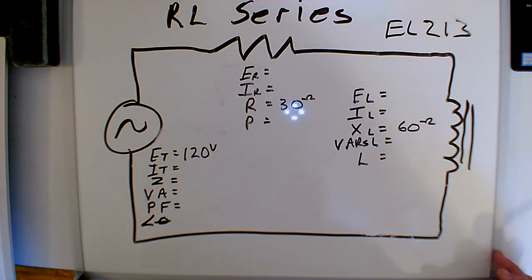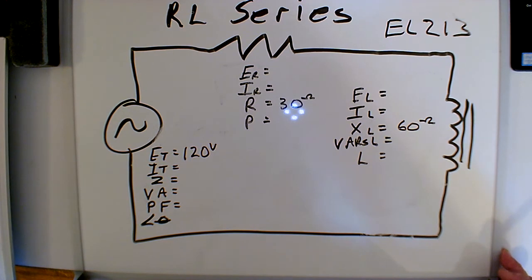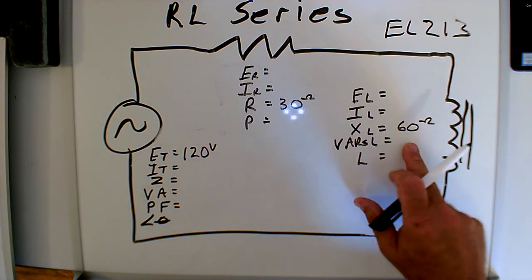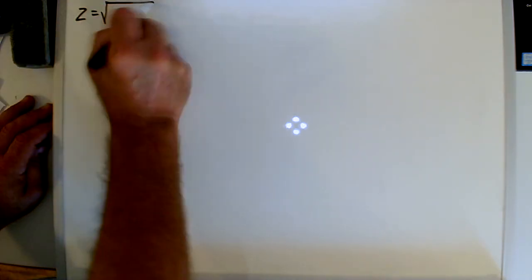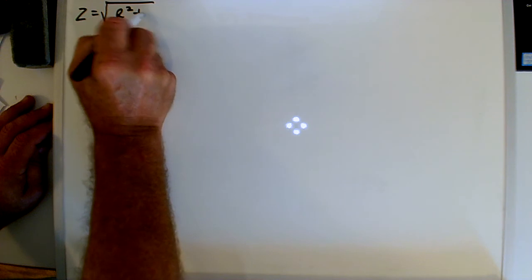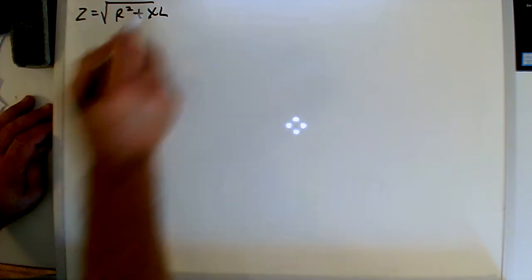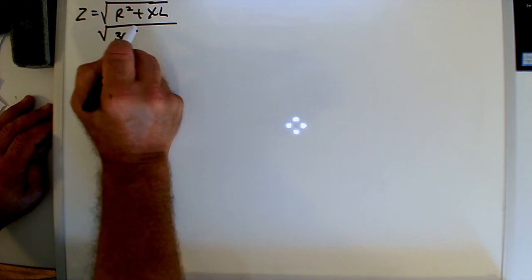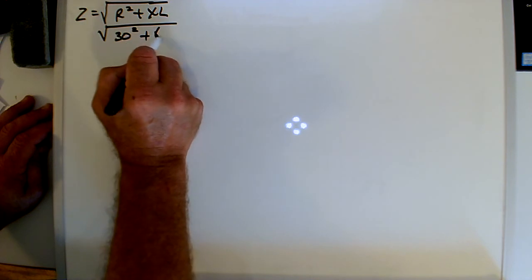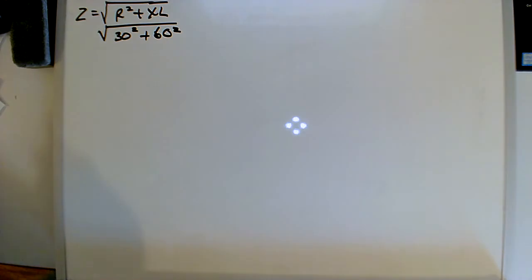So if this is our situation right now, I think we've got a 30 ohm resistor and a 60 ohm inductor. With that, we can figure out what the Z is in this case. For me, I would figure out Z is equal to the square root of R squared plus XL squared. Again, we would have 30 squared plus 60 squared.